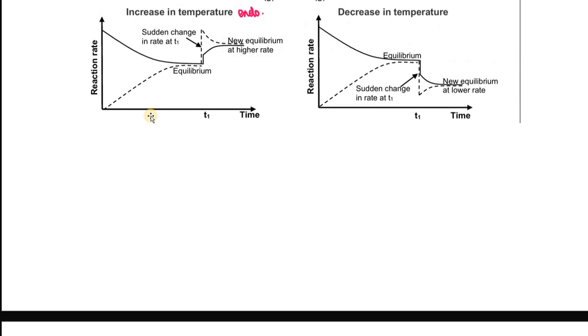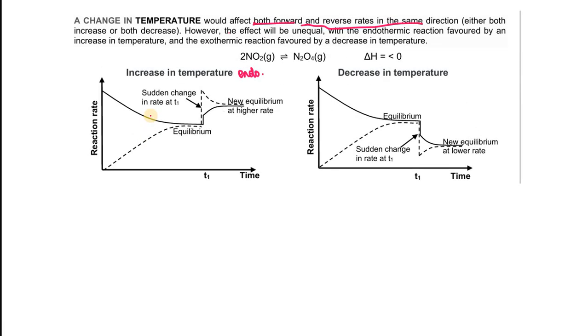But for temperature, how do you see that temperature is the factor? You will see it by the fact that both of them are going to have spikes, but one is going to have a larger spike compared to the other. The one that will have the largest spike is going to be the endothermic reaction.